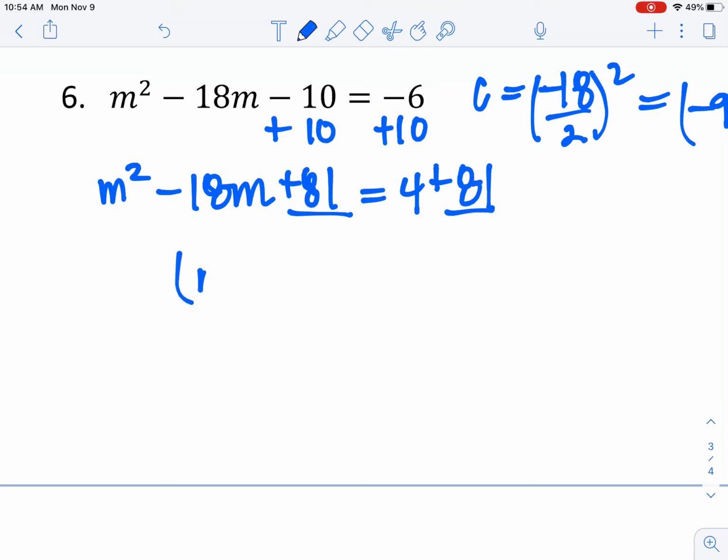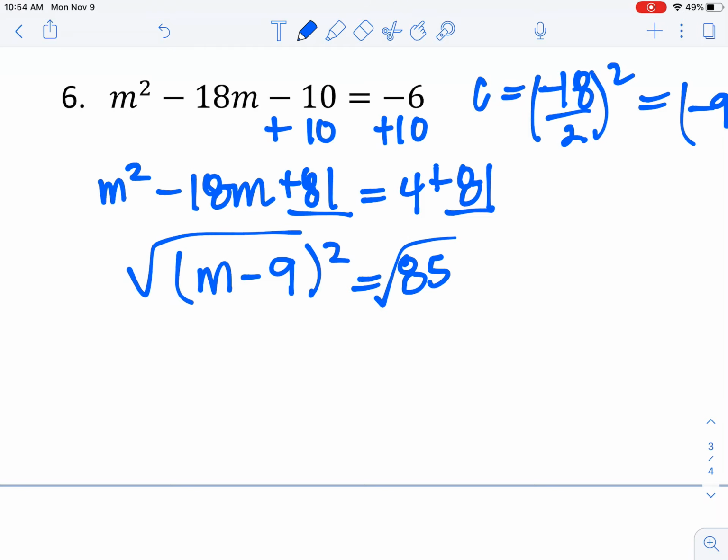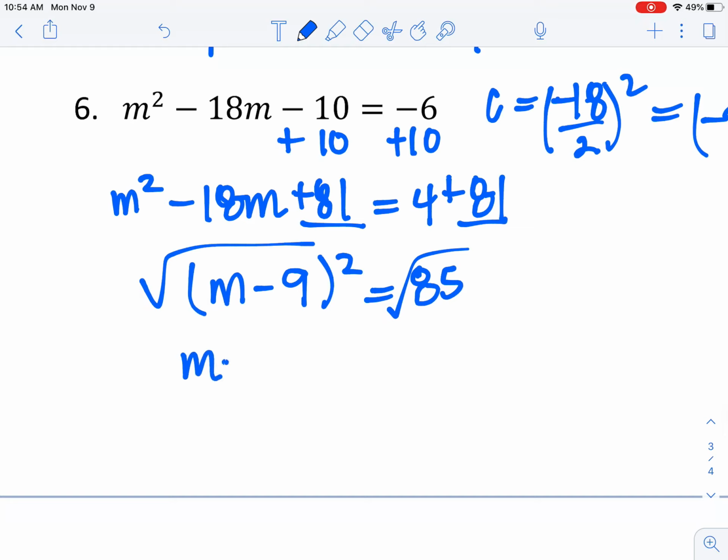Okay, this turns into m minus 9 squared equals 85. Then when we square root both sides, we get m minus 9 is plus or minus the square root of 85.